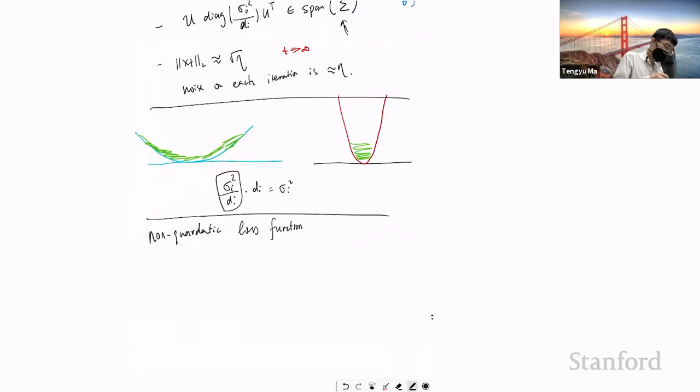Again, for simplicity and without loss of generality, let's assume the global minimizer of this g(x) is just the zero vector. So we still have zero as the global minimizer, and we are still doing something around zero.